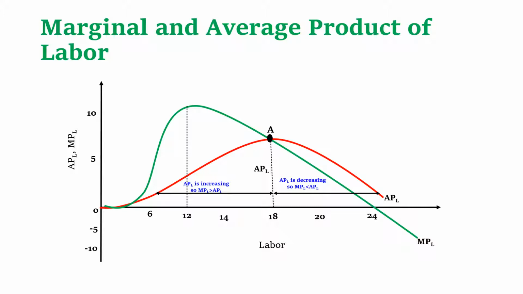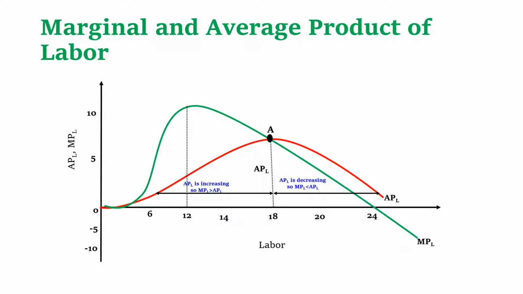They are all U-shaped, because over the range where the average product is increasing, the marginal product curve is above the average product curve. And over the range where the average product is decreasing, the marginal product curve is below the average product curve. At the point where the average product curve attains a maximum, the marginal product curve cuts the average product curve.